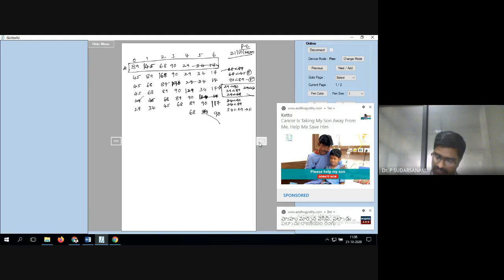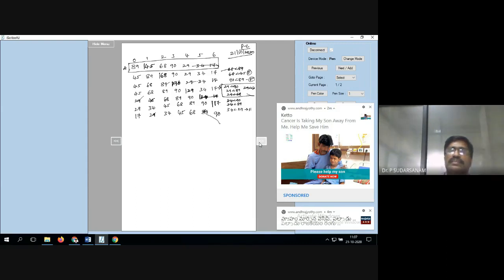Next, 17 is less than 45, yes, 45 should be moved here. 17 is less than 34, yes, 34 should be moved here. Next, 17 is less than 29, yes, 29 should be moved here. Next, for 17 you don't have any elements to compare, so you have reached index 0, and 17 is to be copied. Now the final elements are 17, 29, 34, 45, 68, 89, 90.